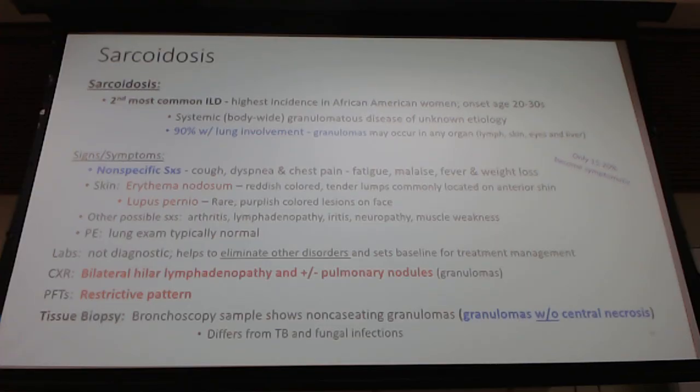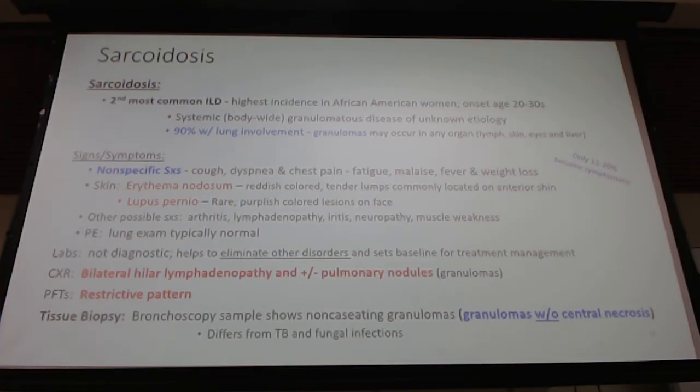Again, this was one of our underlying causes of interstitial lung disease. This is the second most common. This is the classic patient. So for spontaneous primary pneumothorax, our classic patient is a 24-year-old male who's tall, who smokes, and maybe has some Marfan's characteristics.